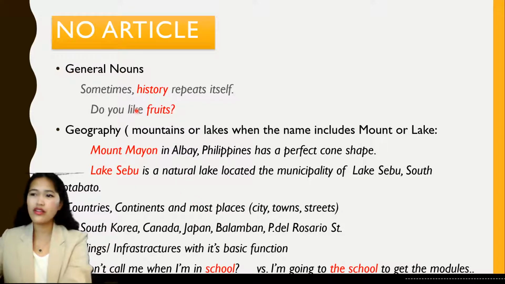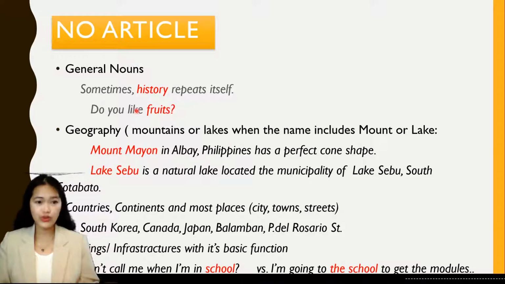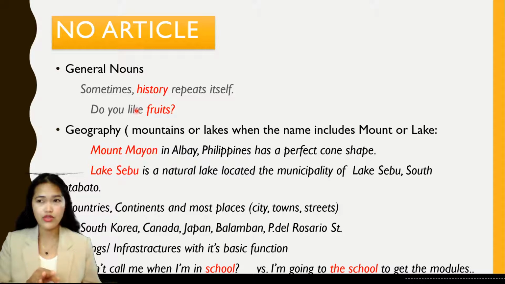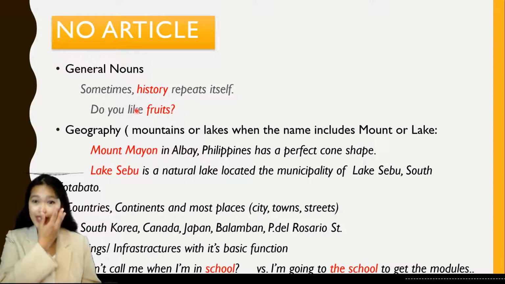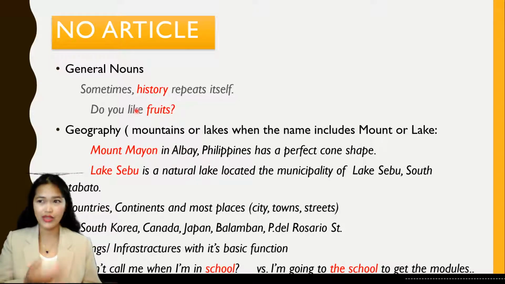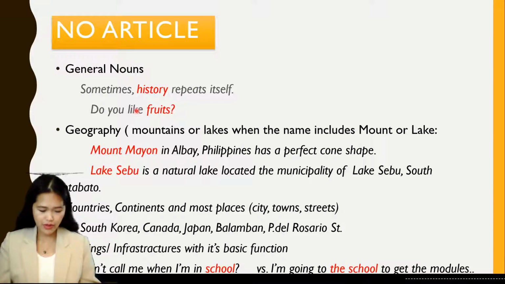For general nouns, we don't use an article, because we use the article the for specific nouns, both singular and plural, countable and uncountable. But for plural nouns that are not specific, we don't use it.